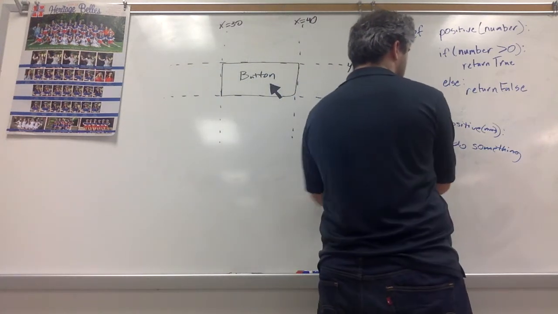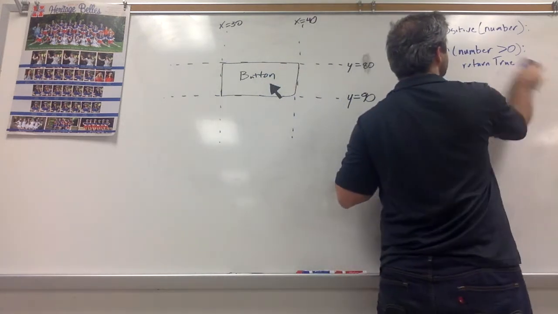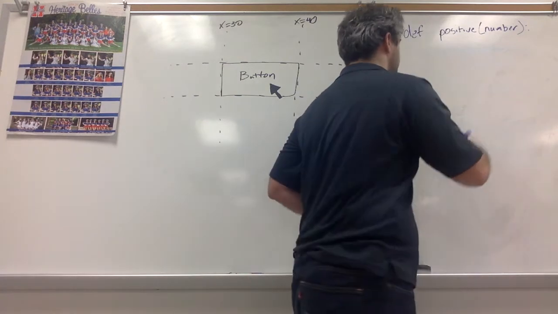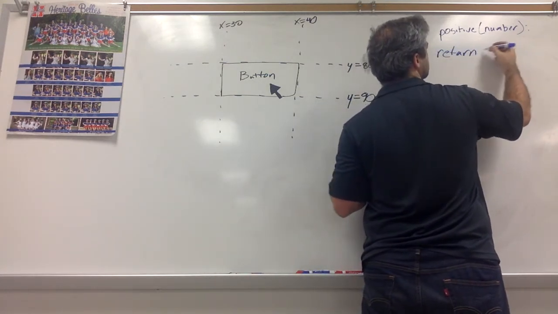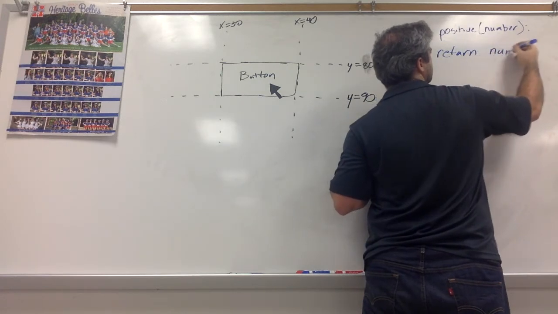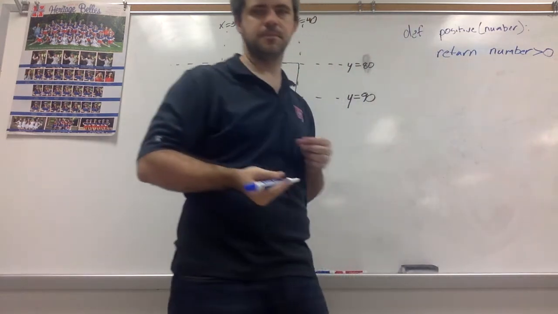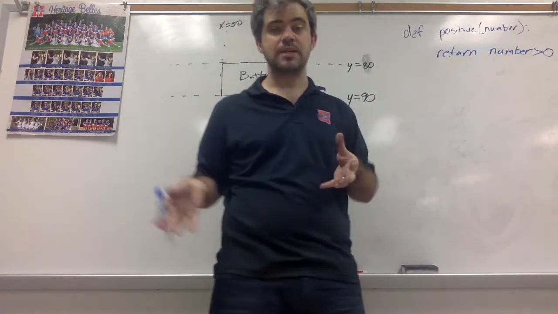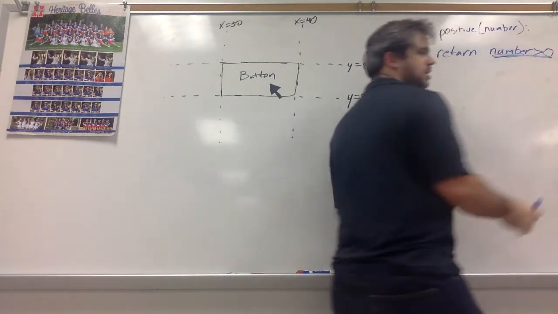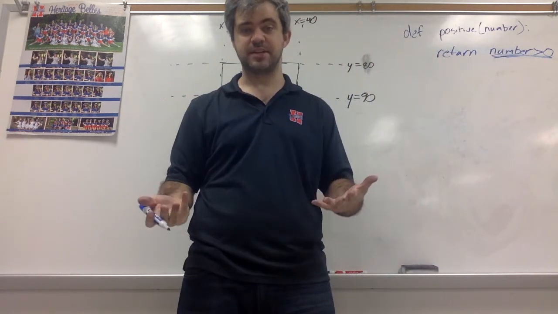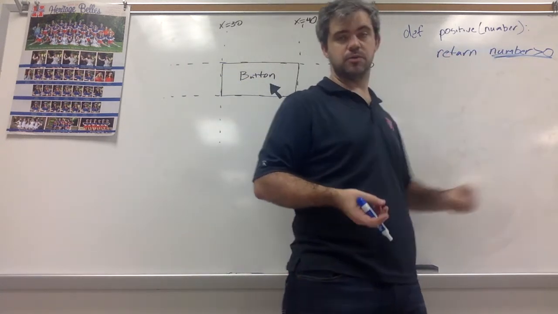Now, I promised I'd tell you an easier way to write this. So here is the easier way to write this. Really elegant, really simple. Because number greater than 0, if it's positive, that value will be true, so it will return true.